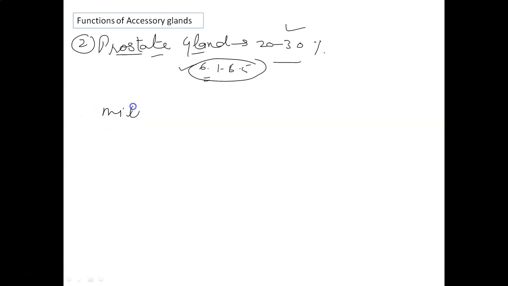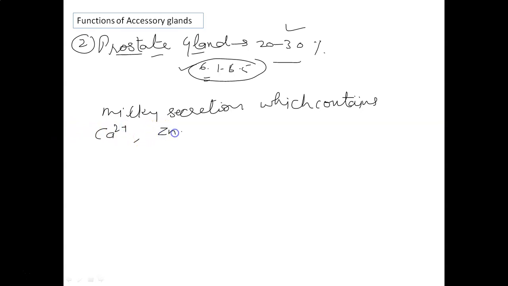So you can write here the milky secretion, which contains calcium ion, then Zn, then citrate.